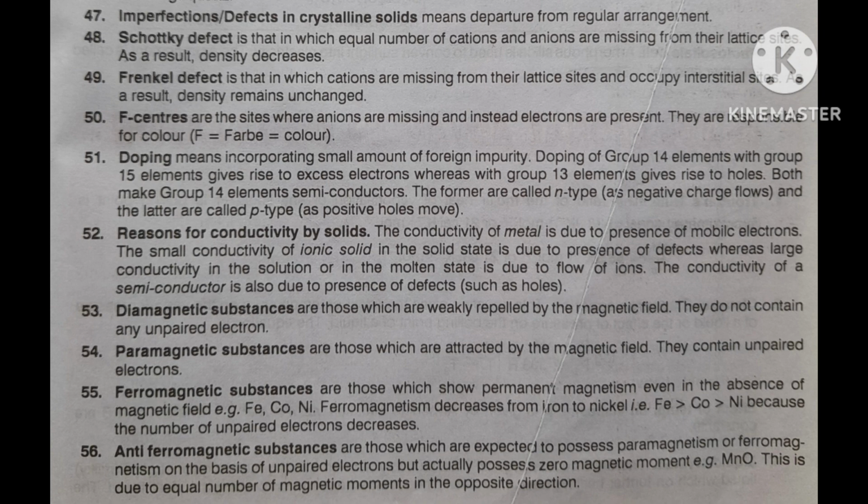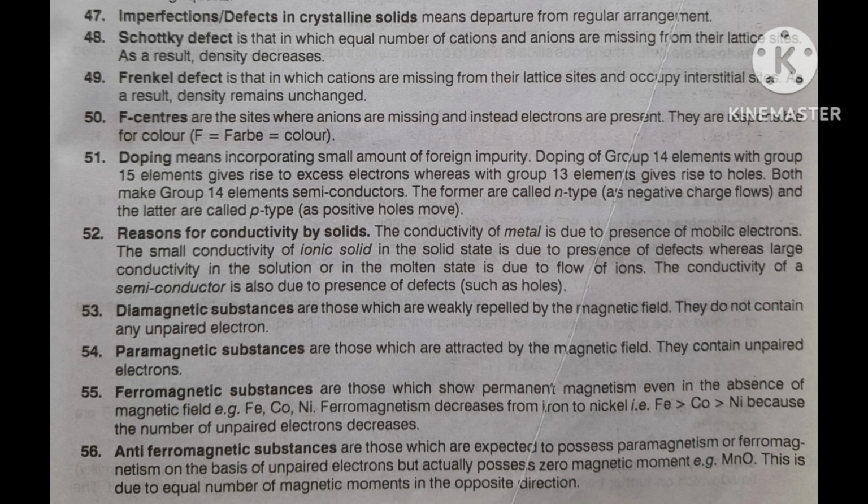The question is asked, what is N-type? N means negative, because electrons are coming, which are negative. That's why when impurities from group 15 are added, it forms N-type, meaning negative charge flows.